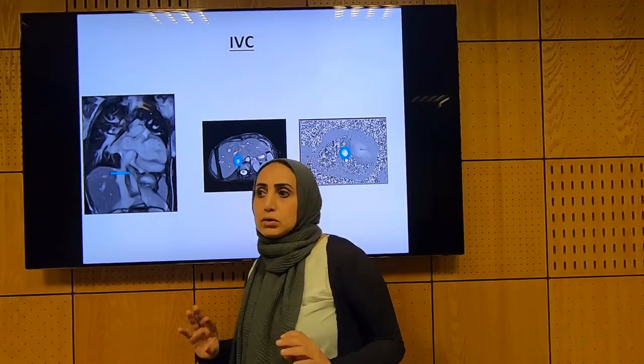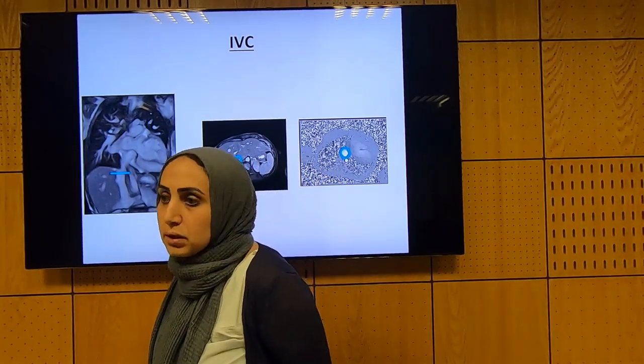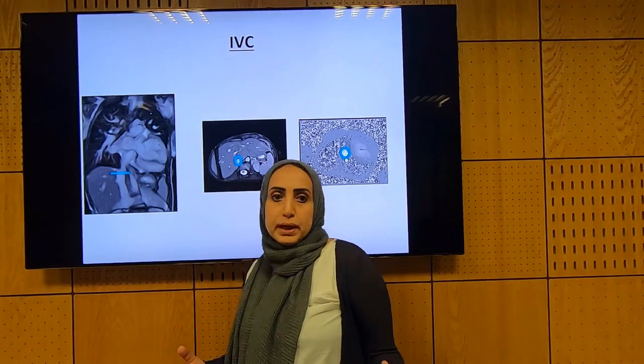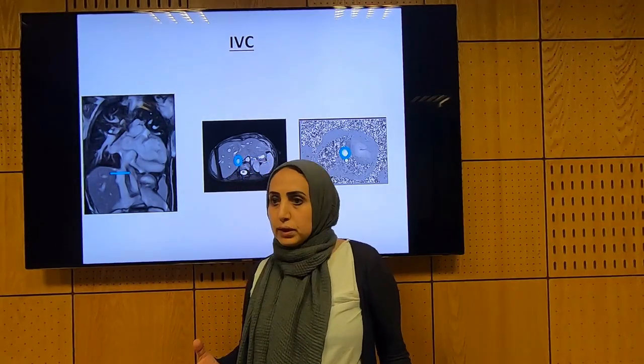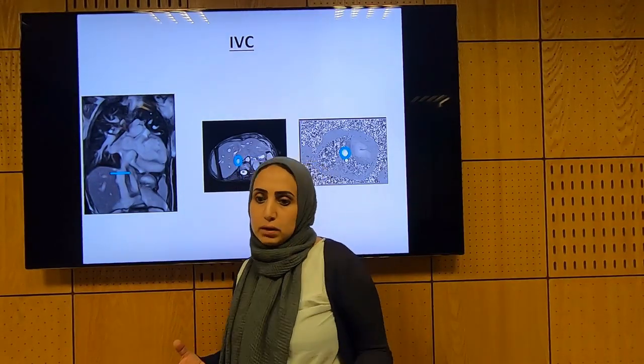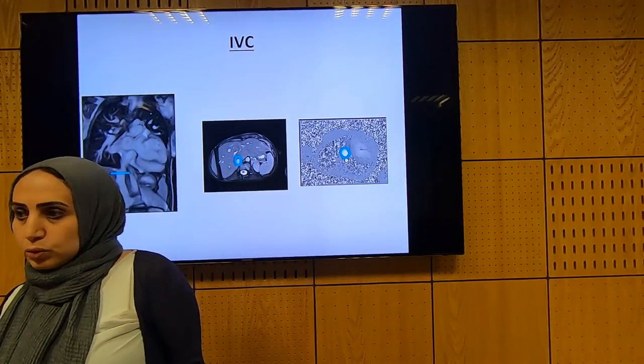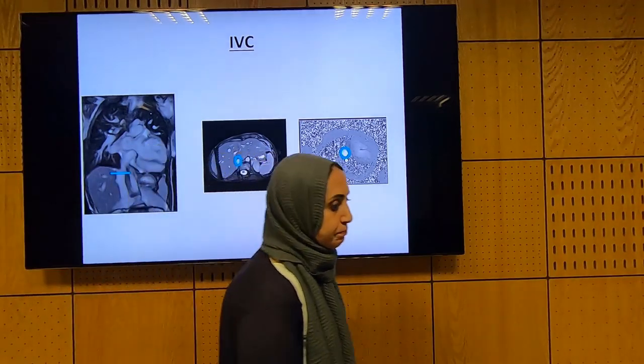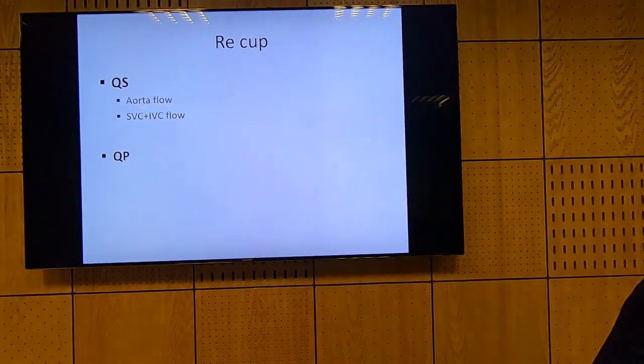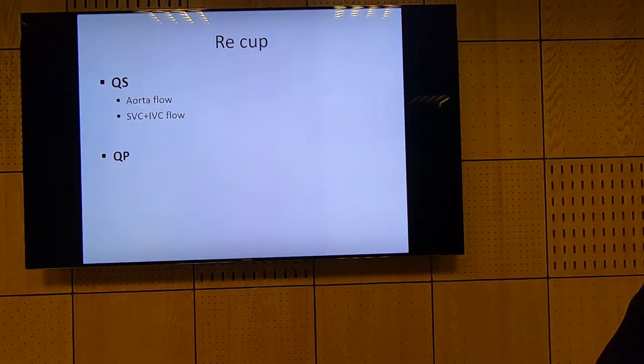By MRI, because it has no limitation in measuring any vessel, the aorta should be equal to the superior vena cava plus inferior vena cava, and the pulmonary artery should be equal to the pulmonary veins. You got it? Okay. To recap, QS is aortic flow or superior vena cava and inferior vena cava flow. QP is the pulmonary blood flow and pulmonary venous flow.